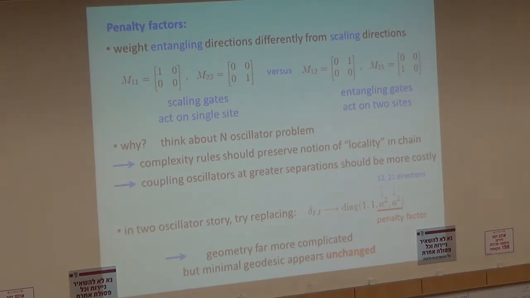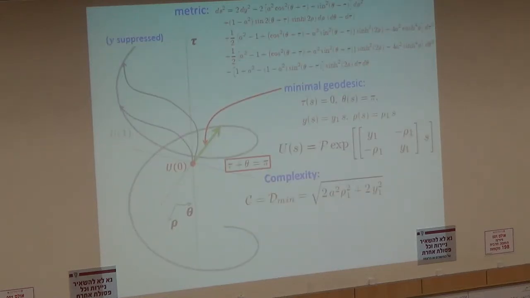It turns out that you get a far more complicated geometry, but at the end of the day, the minimal geodesic is unchanged. The top corner there is just to assure you that the geometry is more complicated. But this is saying that I get the same circuit, but because the delta ij got replaced, I had a different cost function, the complexity of that minimal circuit or geodesic is different.